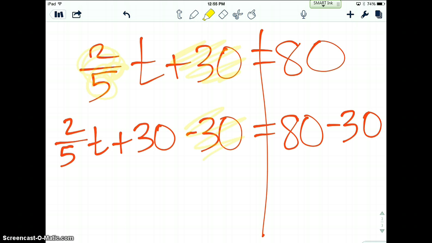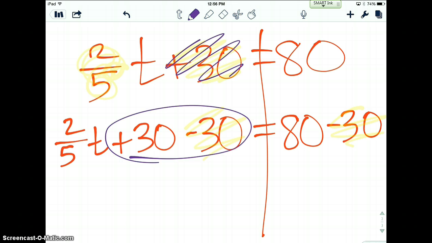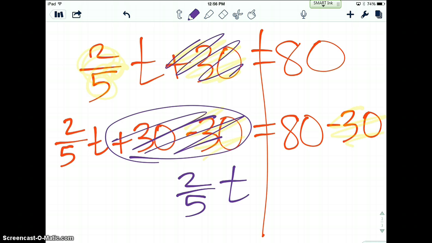So I have attached this to both sides of the equation, subtracting 30. And what is subtracting 30 going to do for you? It's going to get rid of this. And did it? Yeah, those are opposites. 30 minus 30 is 0. Let's go away. So I am just down to 2/5 T. And now over here, if I actually subtract 80 minus 30, I am at 50.